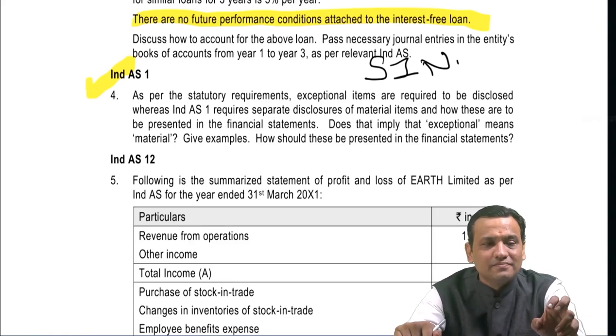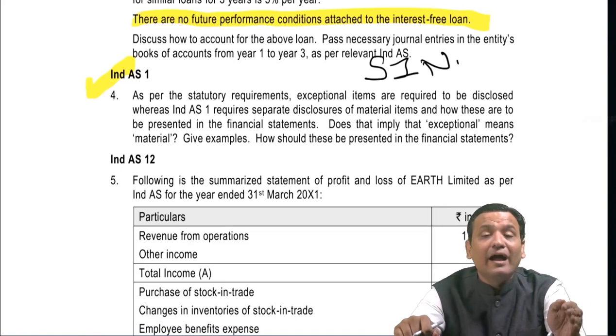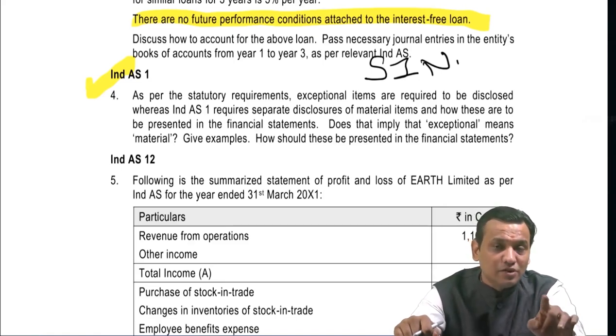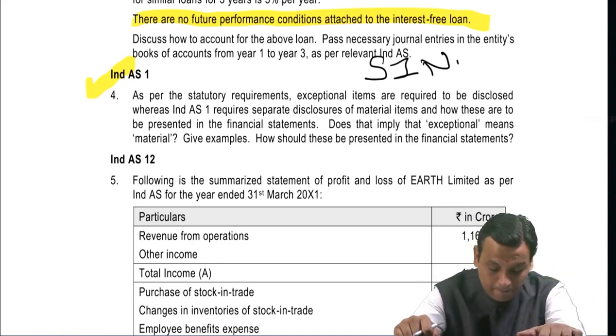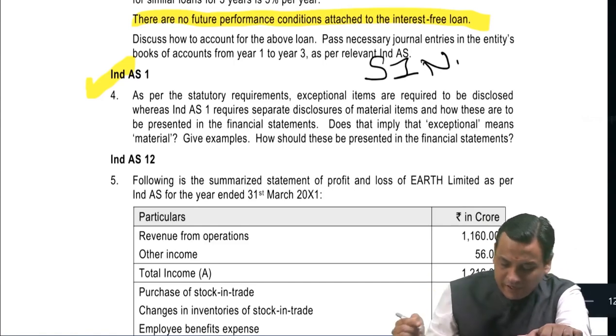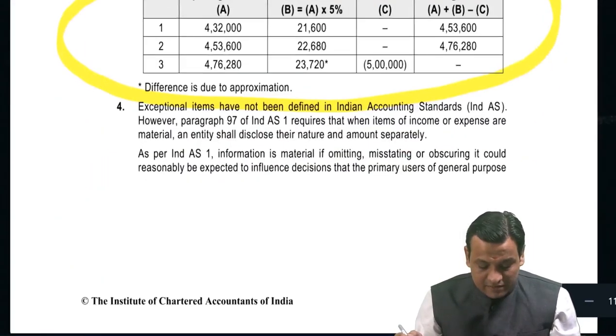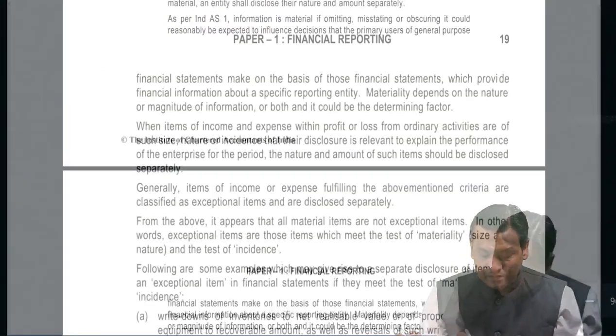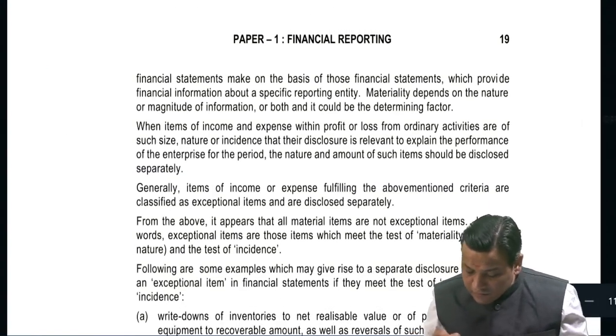If, looking at the size, incidence and nature, the entity feels disclosing that item would enhance the readability and the utility of the financial statements, then those items have to be disclosed separately. A very theoretical area, so you may just note the SIN point.